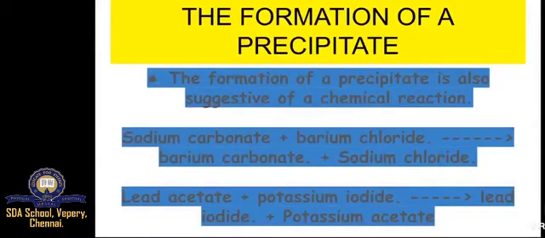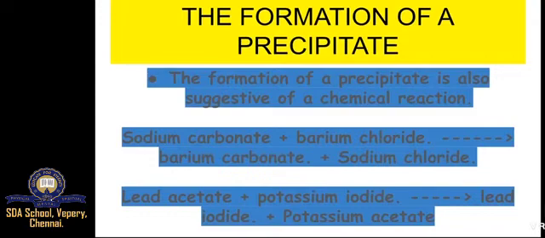Next, formation of a precipitate. Precipitate means that when the reaction proceeds, it forms semi-solid particles. The formation of a precipitate is also suggestive of a chemical reaction. So when a precipitate has formed, we know the reaction has taken place. Sodium carbonate plus barium chloride react together to form barium carbonate plus sodium chloride.